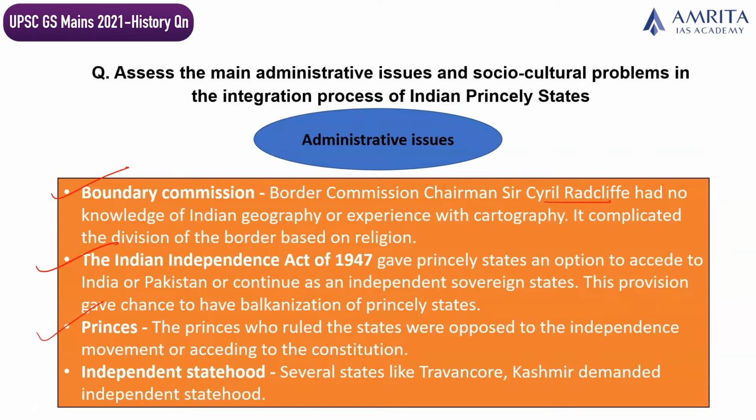Another issue, students, that was faced by the politicians was the concept of independent statehood, wherein there were several states, as I told you, which were a part of the Indian mainland, such as Travancore and Kashmir, who did not want to join either dominion and wanted to stay independent. But that was extremely administratively difficult, especially in the case of Travancore.